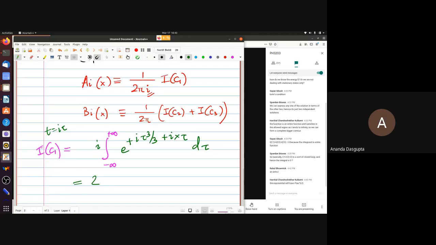And then it's very easy to see that this is twice i, integral from 0 to infinity. By the way, this is not an even function, right? Is it an even function or an odd function?